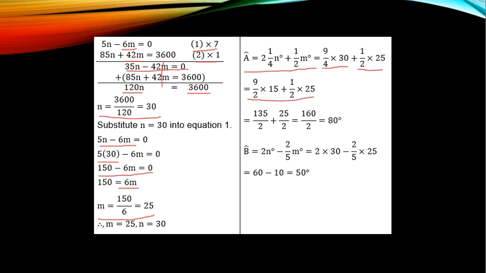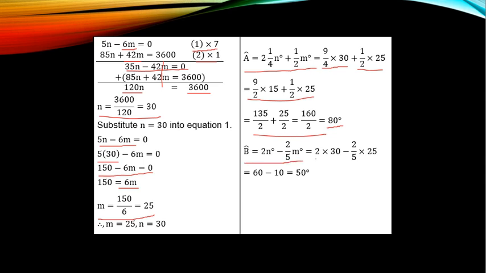When you multiply, you have this fraction, and when you add, because you have the same denominator, you add the numerators. 135 plus 25 is 160 divided by 2. You have 80 degrees.